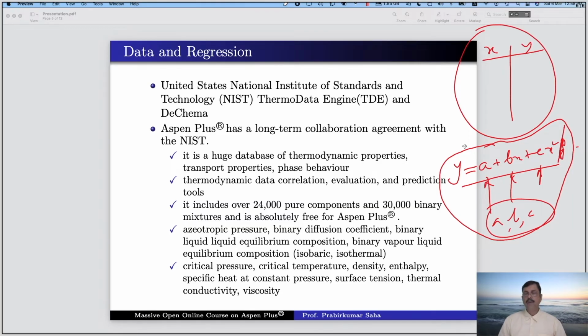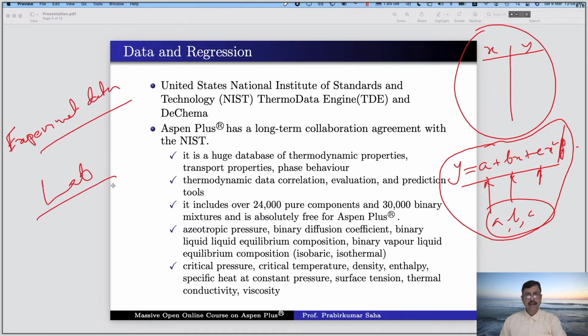Now the question is, from where will you get the desired data set? Obviously, you can say that it will be obtained from experimental data. So you can do the lab experiment yourself, gather the data, and use that for regression. But Aspen has a long-term collaboration agreement with NIST. What is NIST? It is the United States National Institute of Standards and Technology.